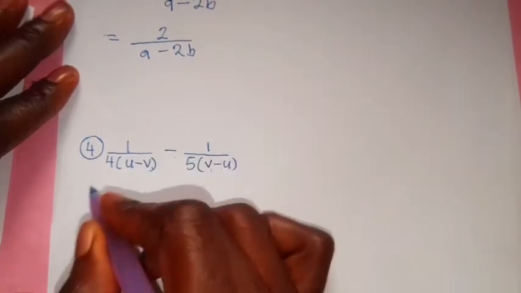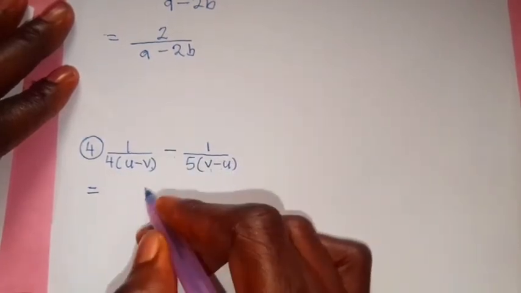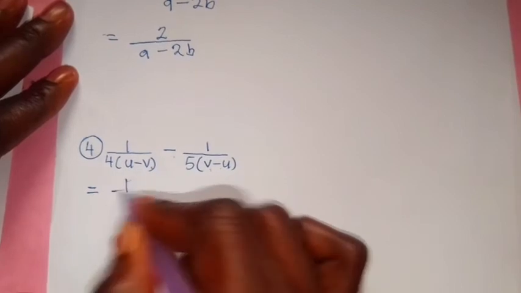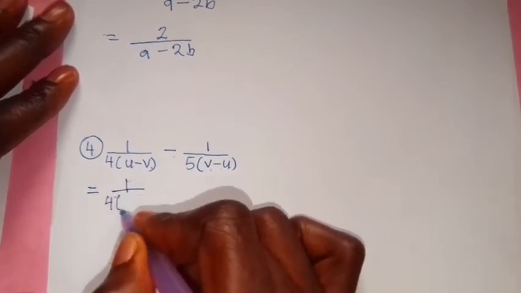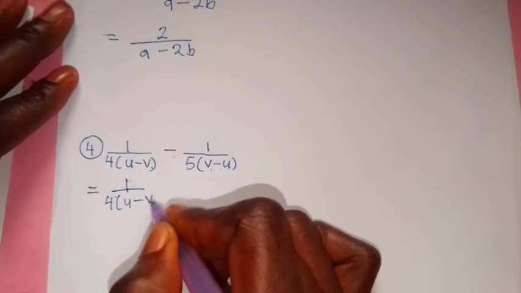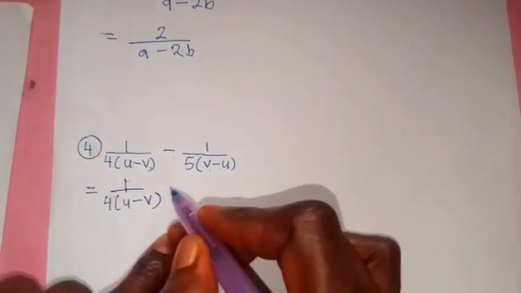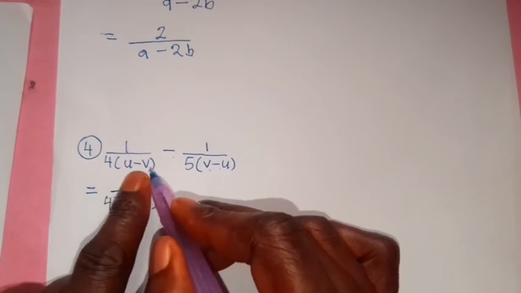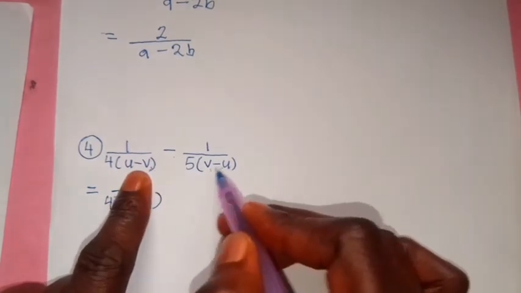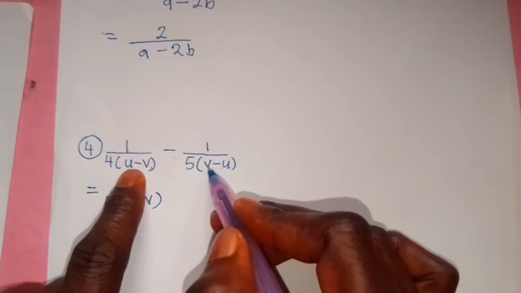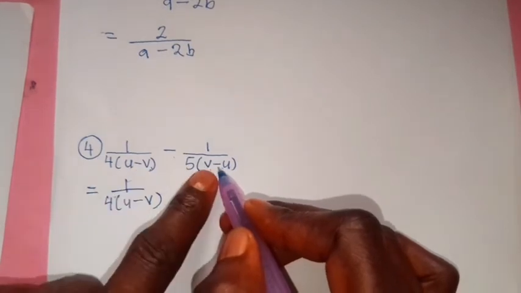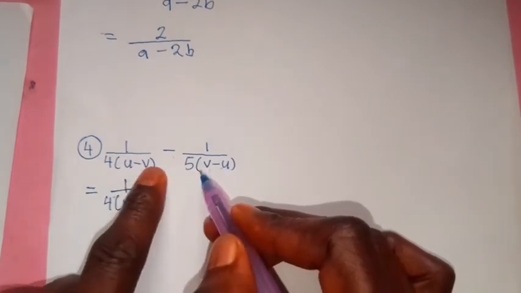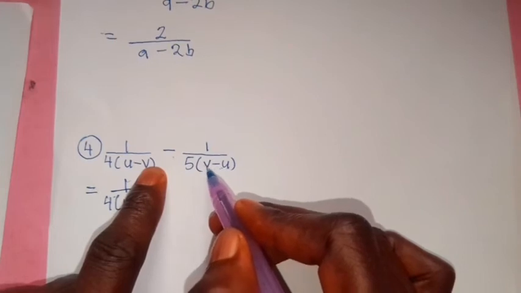Now in solving this problem, we put our equality sign. Then we write 1 upon 4 into u minus v. Then we'll close the bracket. Now be mindful of the denominator, as I said before. Here we have u minus v, and here we have v minus u. If you check, you see that the letters are in the opposite form in the second denominator. Here the v is minus v, while here it is positive v.